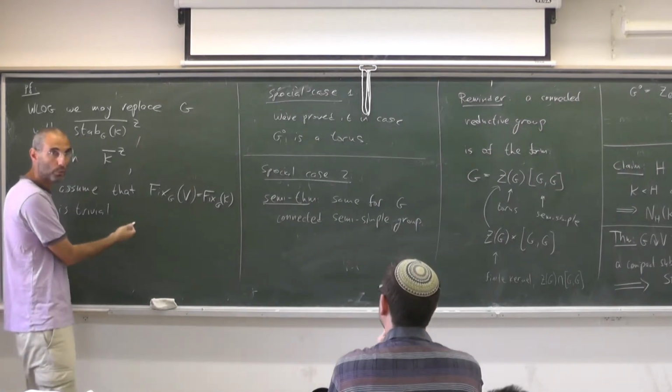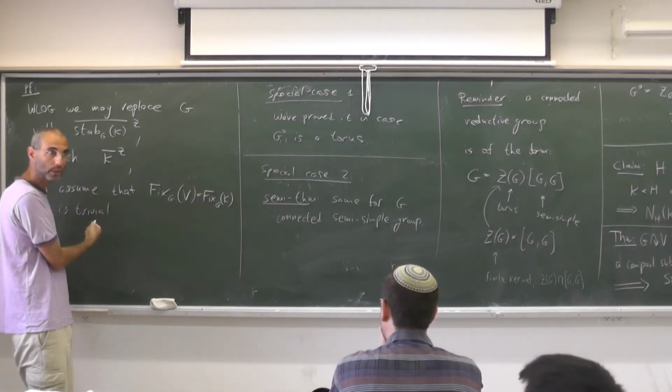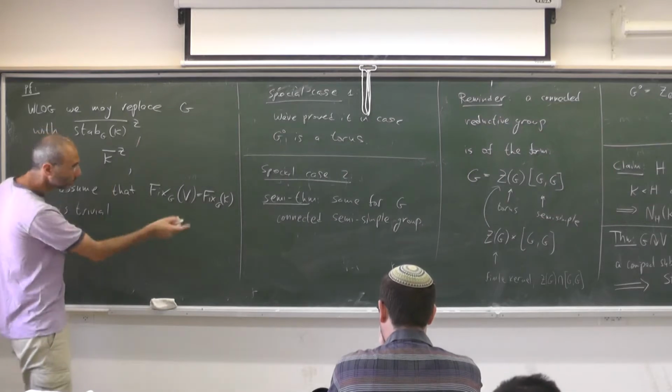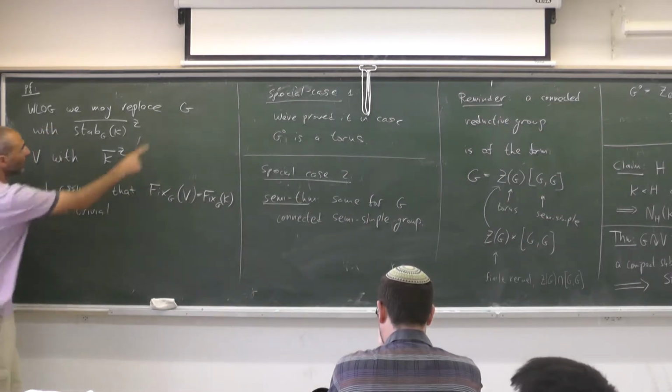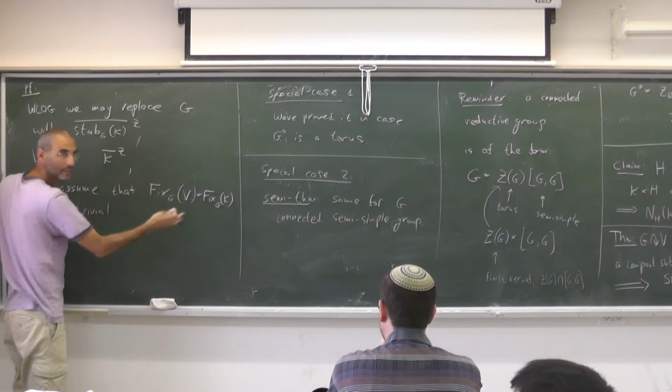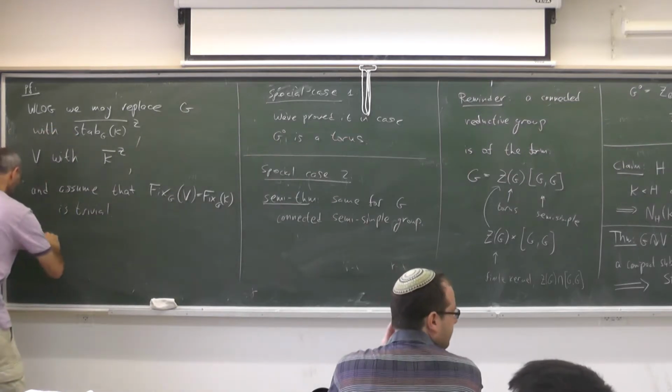So I will not prove compactness of the quotient. I will prove compactness of something in G, the normalizer itself. We do so.